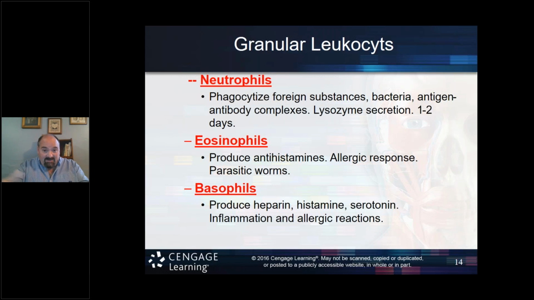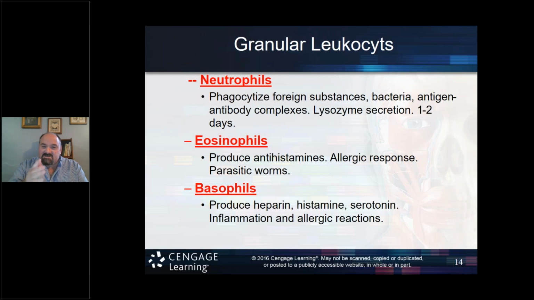Phagocytosis, quote unquote, cell eating. This ability to attack any type of bacteria that can be present, antigen antibody complexes that we'll talk about in more detail, but know that the antibodies are what your body is producing, all right? And in particular, it's being produced by different types of white blood cells, and we'll talk about that again in more detail. But it's specific types of B lymphocytes in particular.